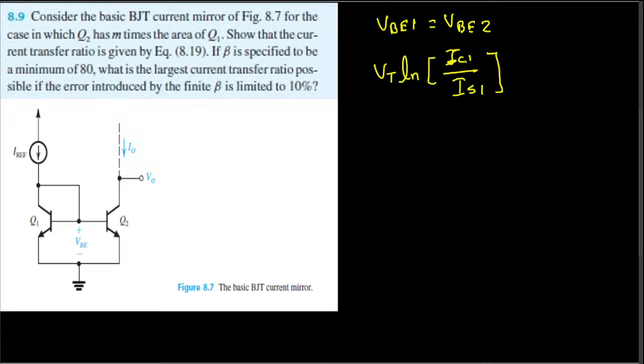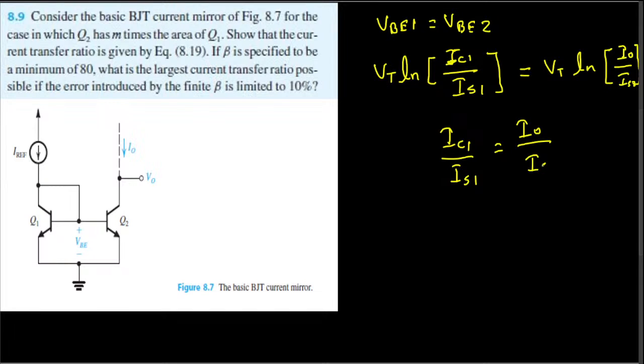That is also equivalent to VT ln of I0 over IS2, since the current flowing through this one is I0. From this we can see that IC1 over IS1 is equal to I0 over IS2.